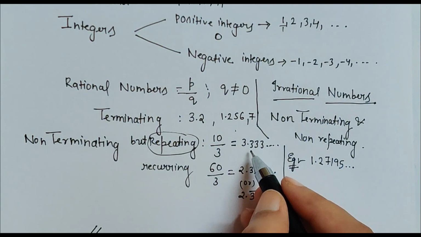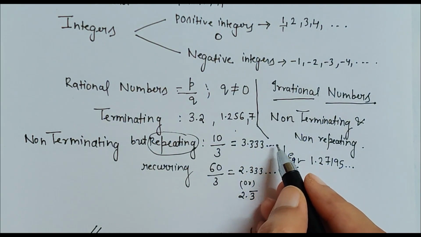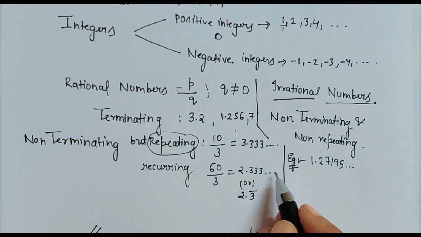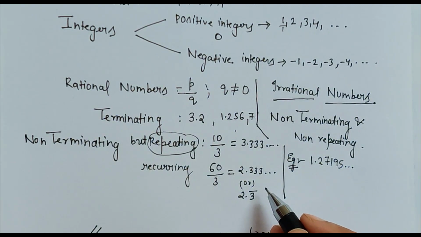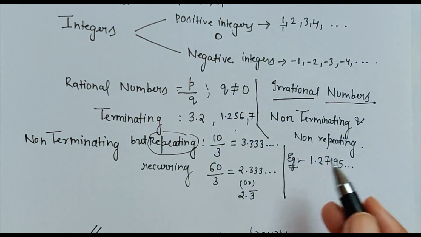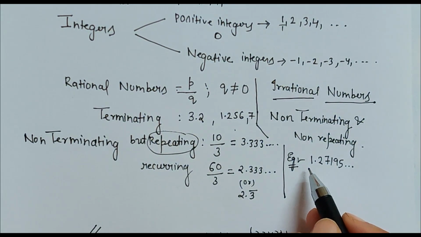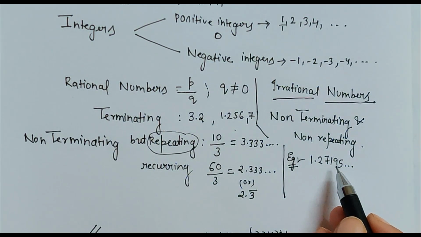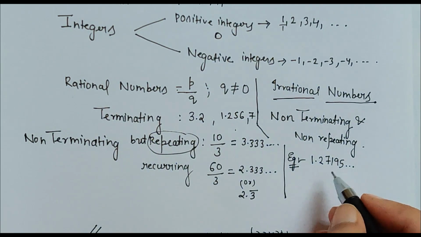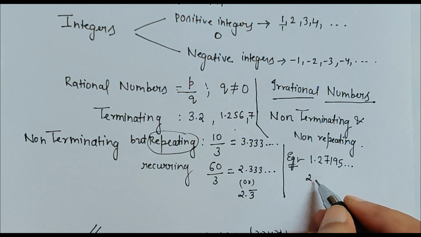Like here we have seen 3.33333, again and again we get 3 only. But in a non-terminating, non-repeating decimal expansion like 1.27195, all digits are different, and there is no set pattern of repetition of the numbers.